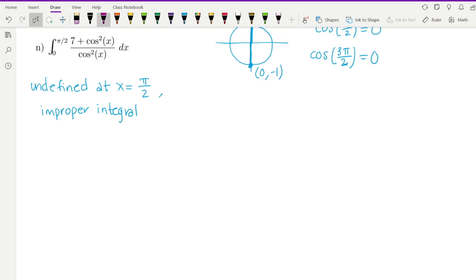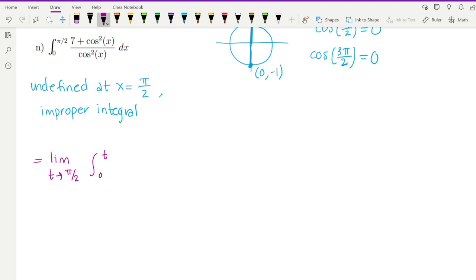Okay, so we have to now rewrite this using limits. So this is going to be equal to the limit as t approaches pi over 2 of the integral from 0 to t.